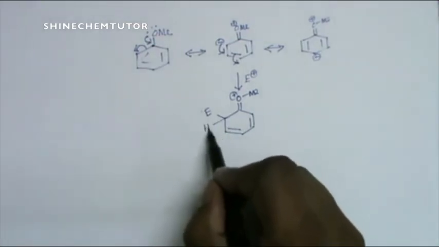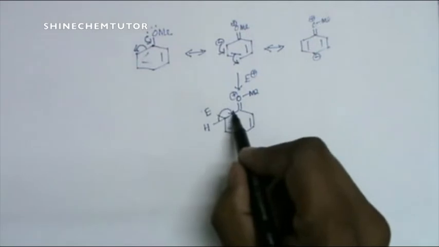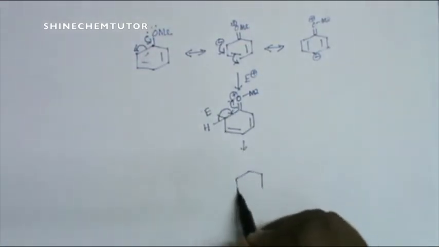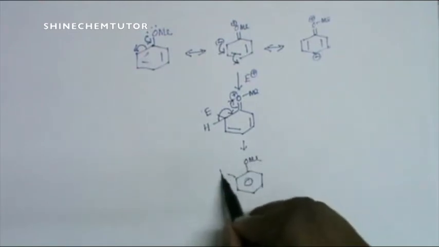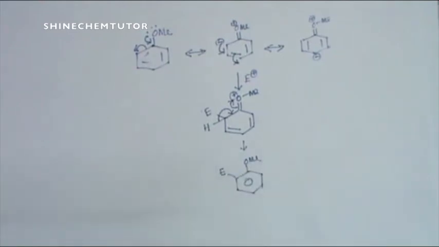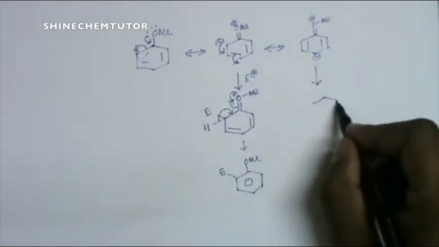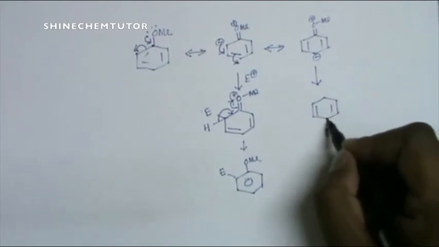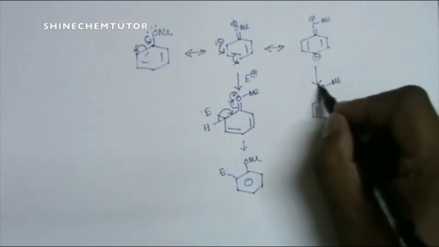Here already we have one hydrogen. Finally, the hydrogen will fall back. We get this product. Similarly, here this minus charge will attack the electrophile. There is one more hydrogen. We get this.